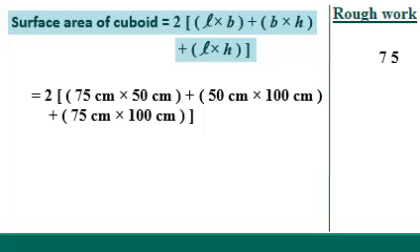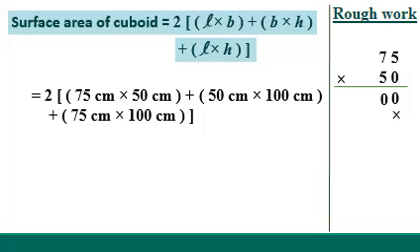Okay, now it means that we need to copy 2 as it is. But firstly we are going to multiply 75 by 50 within the upper column. So 75 multiplied by 50 will be written like this, and now we are going to multiply them. So 5 times 0 is 0, 7 times 0 is 0.